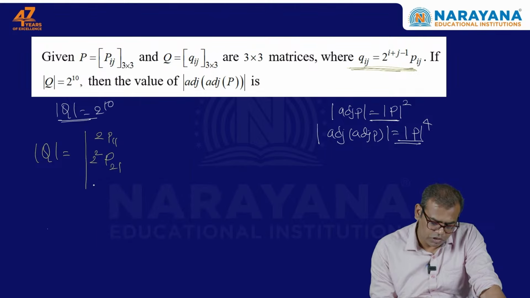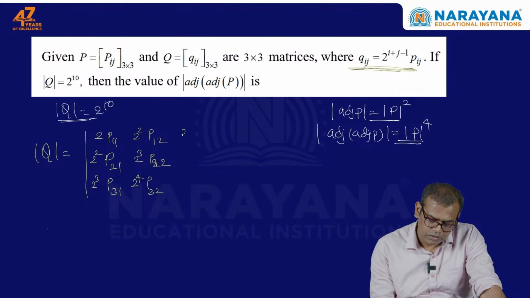Second row first column element, 2 square p21, and so on, third row first column element 2q p31, and 2 square in the first row, second column element 2q, and first row third column element, 2 to the power 4, second row third column element, 2 to the power 5 will come here, third row third column element.